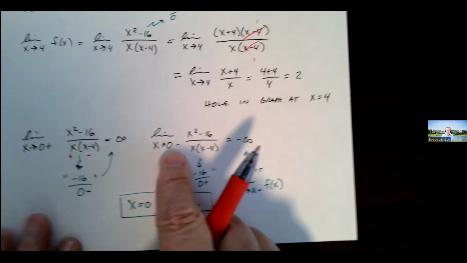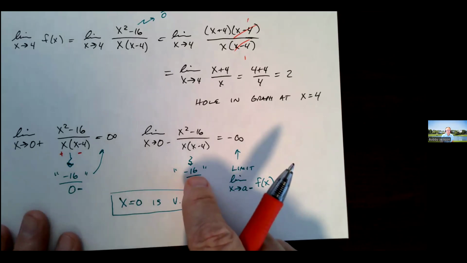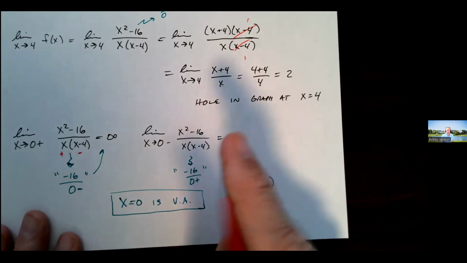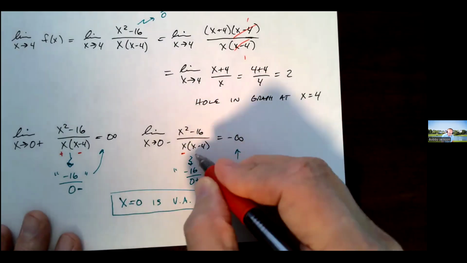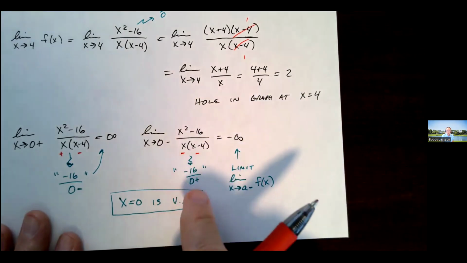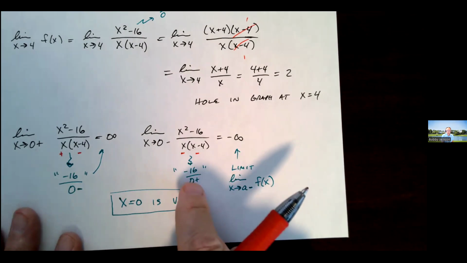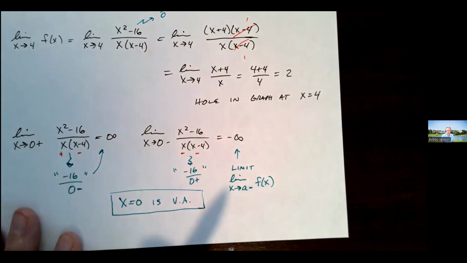As x approaches 0 from the negative side, the form of the limit will be negative 16 over 0, but now the denominator approaches 0 from the negative side because x is less than 0 and is always negative, and of course 0 minus 4 is close to negative 4. A negative times a negative is a positive. Negative divided by positive gives me negative infinity.